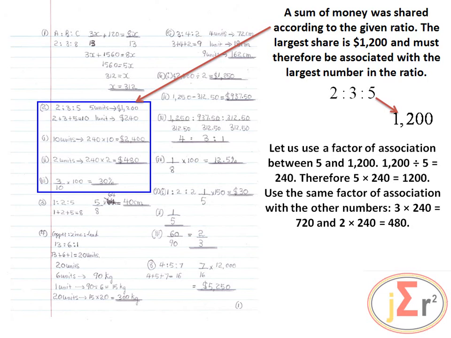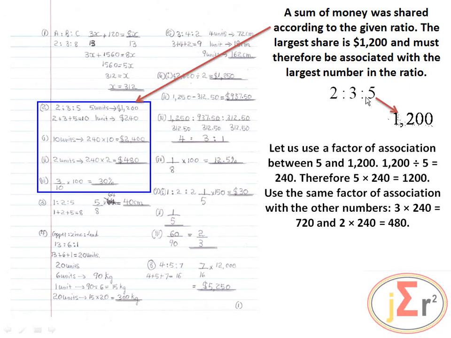1,200 divided by 5 is equal to 240. Therefore, 5 times 240 is equal to 1,200. So that is the factor of association. We are determining a number that we can use to easily make a transformation from 5 to 1,200.